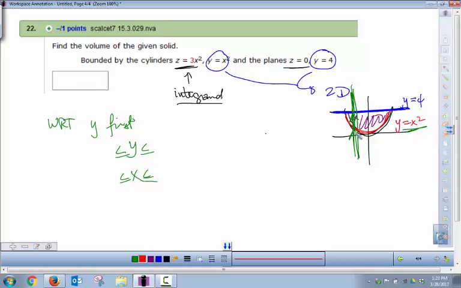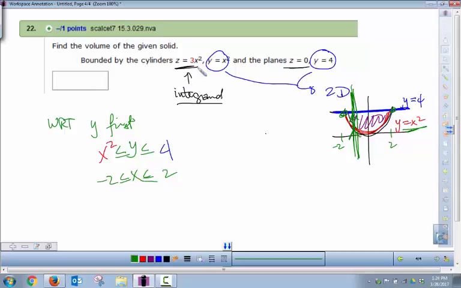All right, so what's my lower function? And my upper function? And now my x limits are constants from what to what? I guess we need to figure out where they intersect, right? And most of you already know that goes from negative 2 to 2. I think that's it.